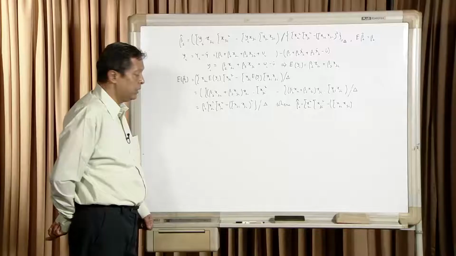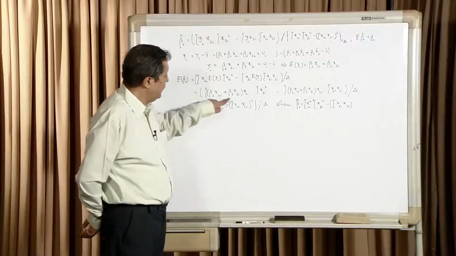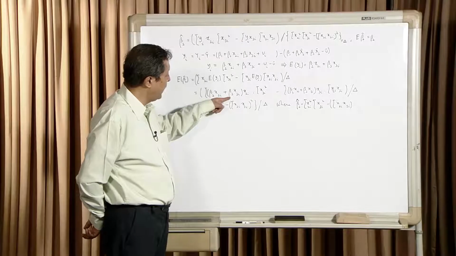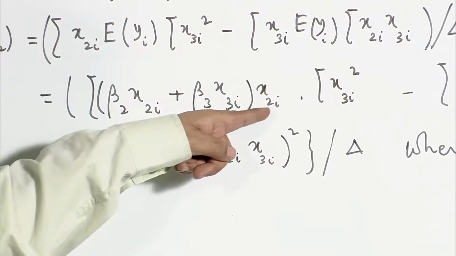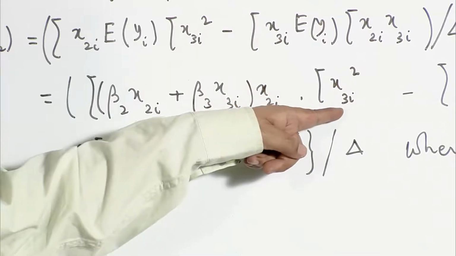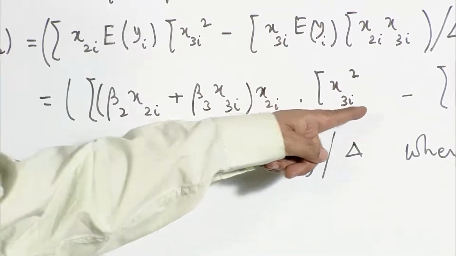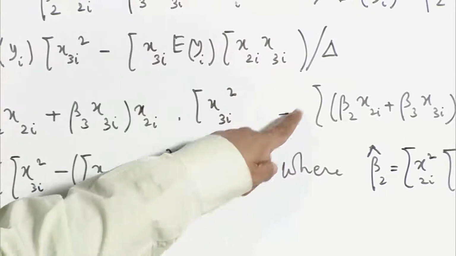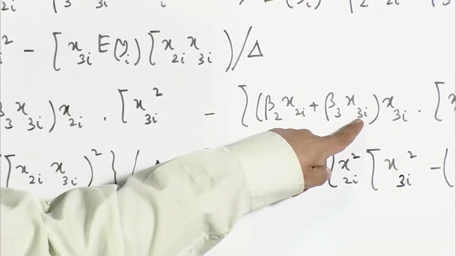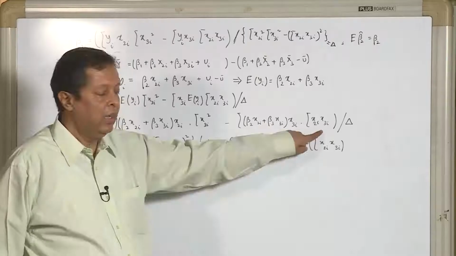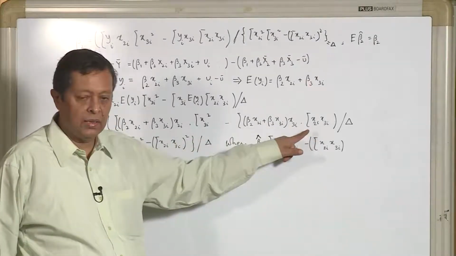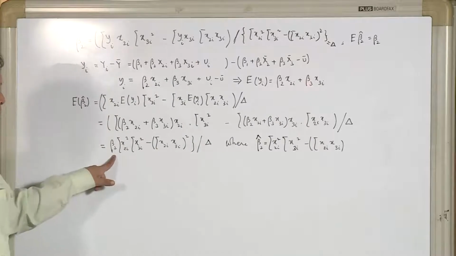And now, if we collect like terms and focus on the beta 3 terms, you will find this is beta 3 summation x3 x2 times summation x3 square, and here you have a minus sign. Once again you have beta 3 summation x3 square and summation x2 x3. So, the beta 3 terms get cancelled and we are left only with beta 2.